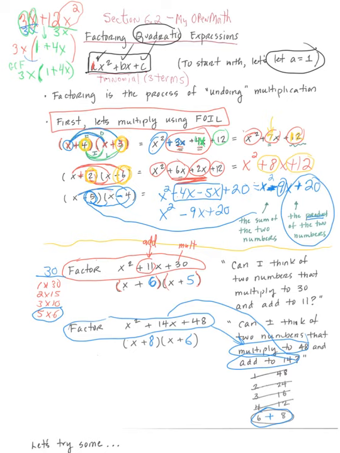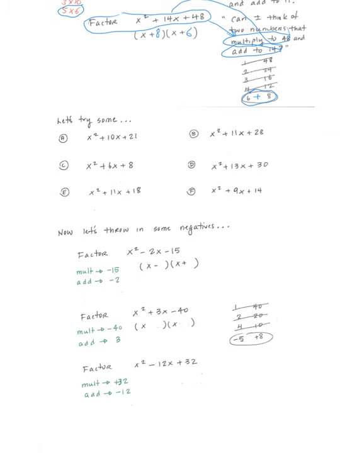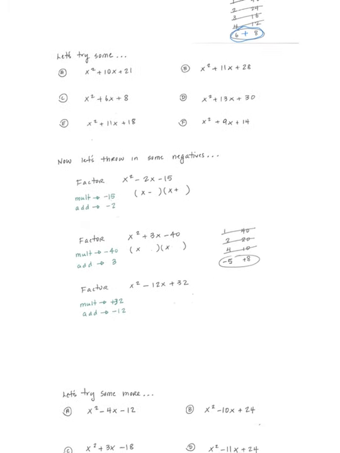So you could see that if we understand the pattern on how to double distribute, we can undo it and factor just as easy. So let's try some together. Okay. So we have x squared plus 10x plus 21. I'm going to start doing this a little bit more of a shortcut.